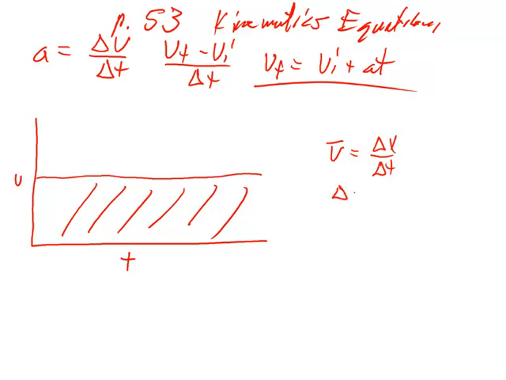So if I want to find x, and you could actually say constant there. So the area of that rectangle is my displacement. The area of that rectangle is the distance I have traveled.